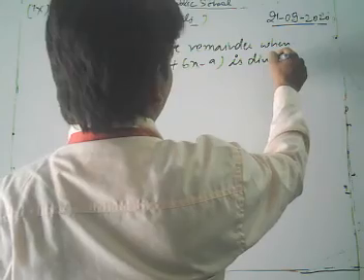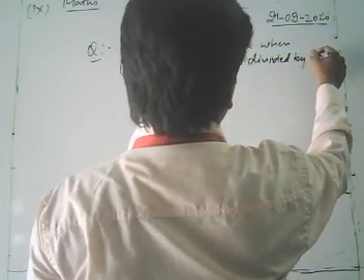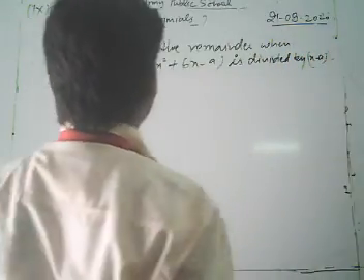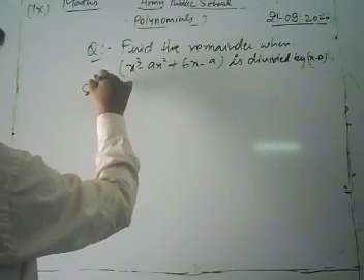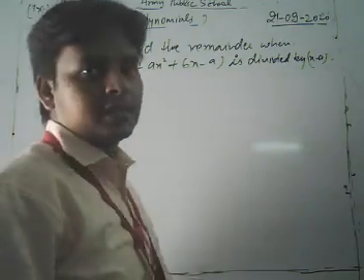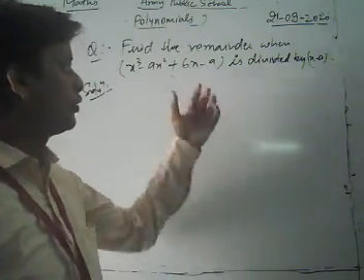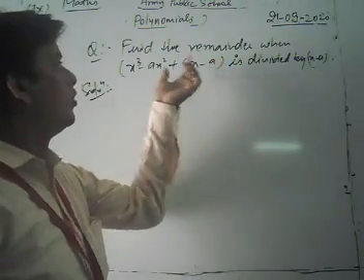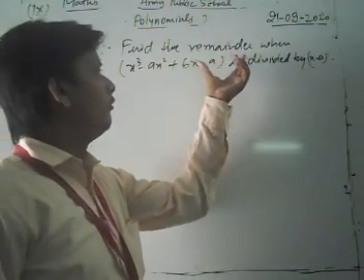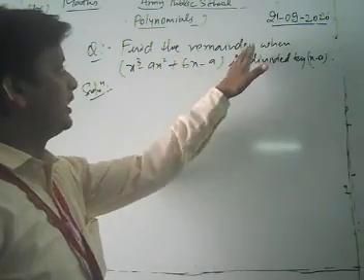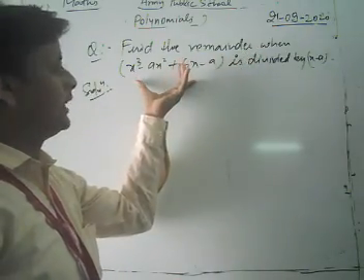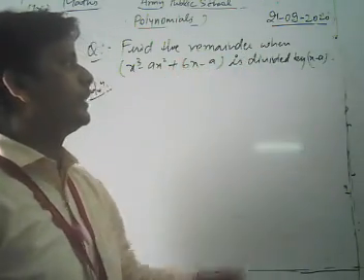Let's see its solution. This is the question, and we solve it based on the remainder theorem. We have to find the remainder when the given polynomial is divided by x minus a.